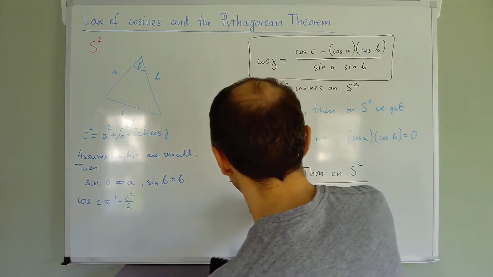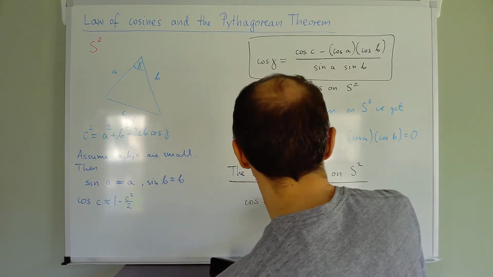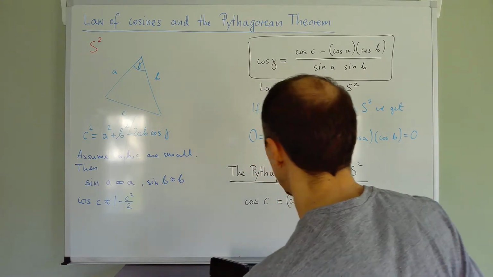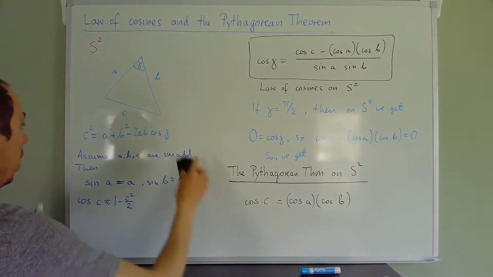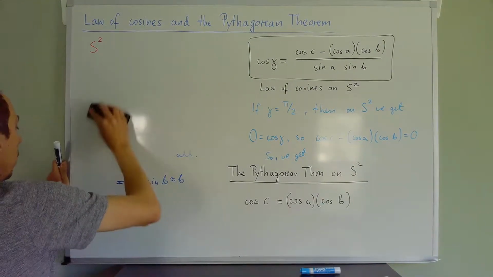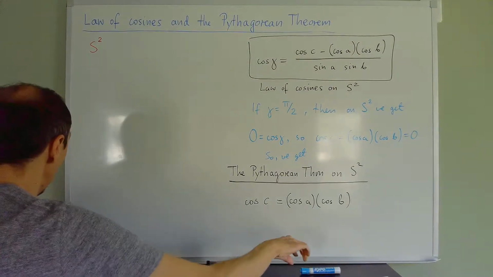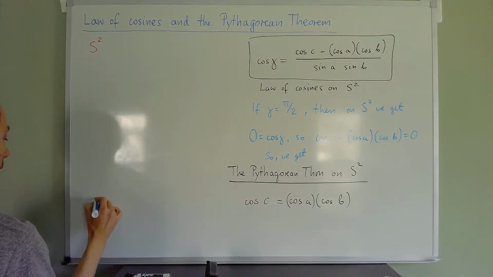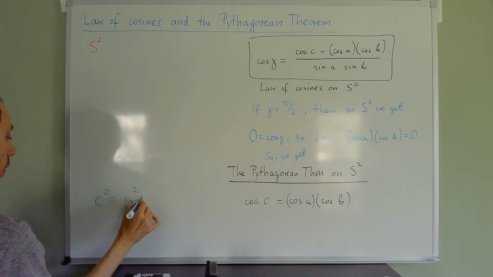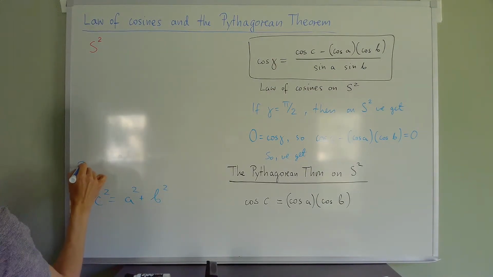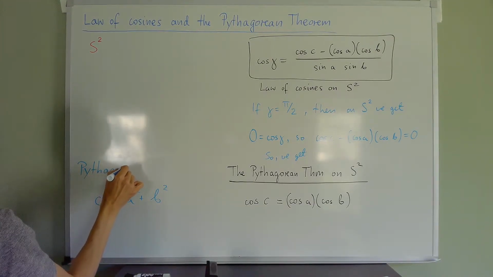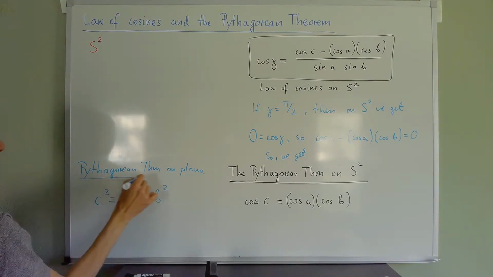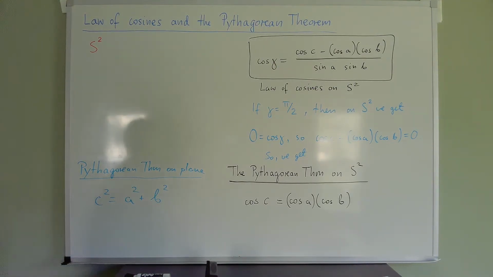What does it say? It says that cosine C is equal to cosine A times cosine B. Compare it with the Pythagorean theorem on the plane that says something about the length of the sides.